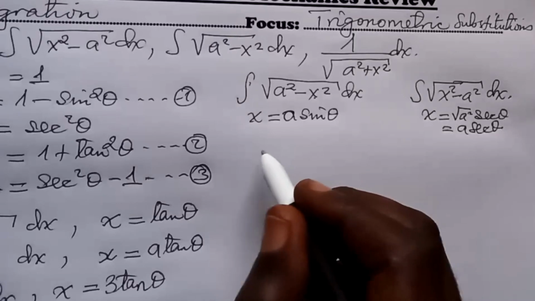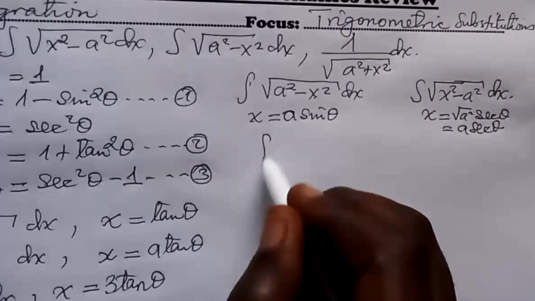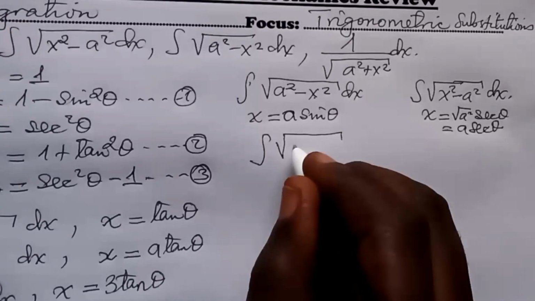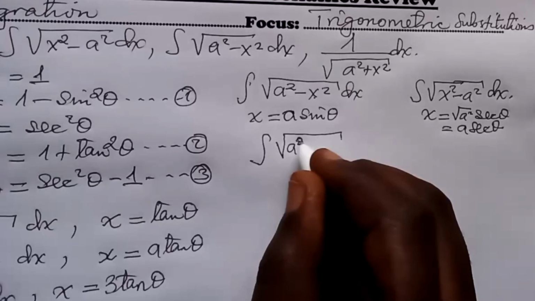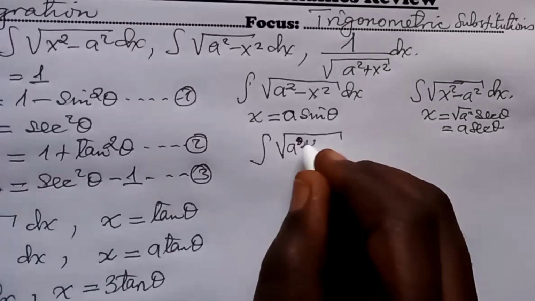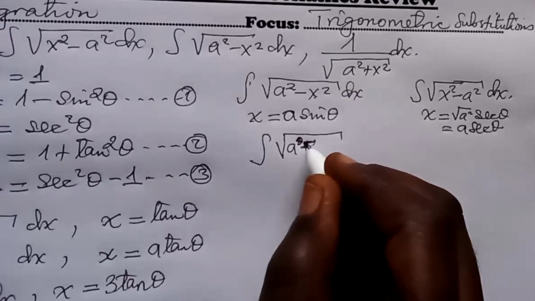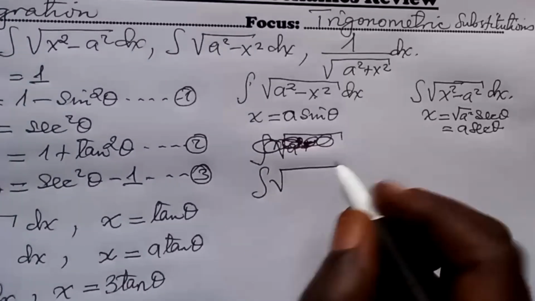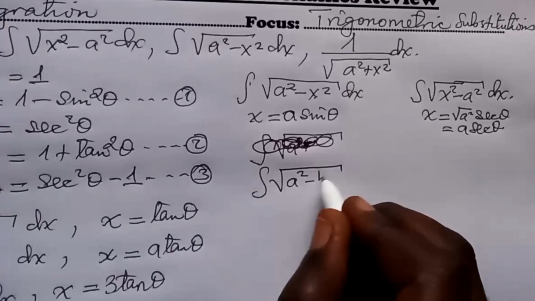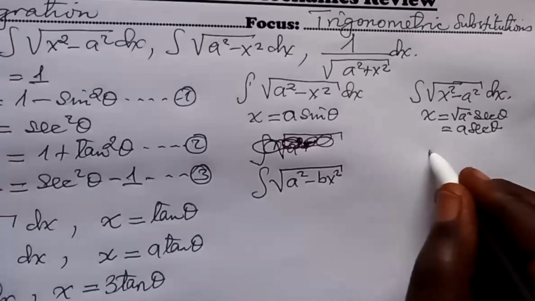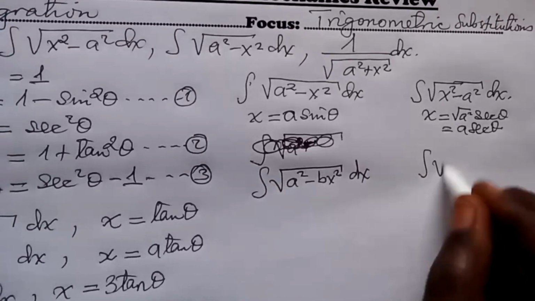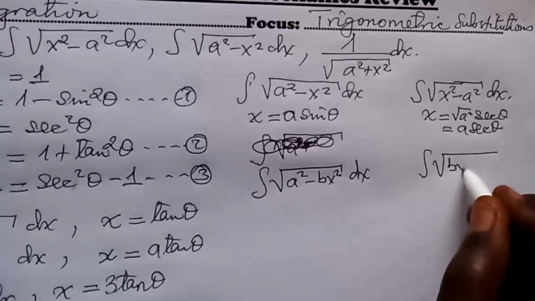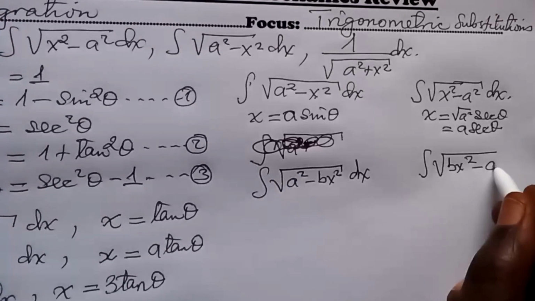And in a general form, I will have again a situation where I have, this time, the integral of the square root of a squared minus bx squared, while this other one would take the form the root of bx squared minus a. Good.